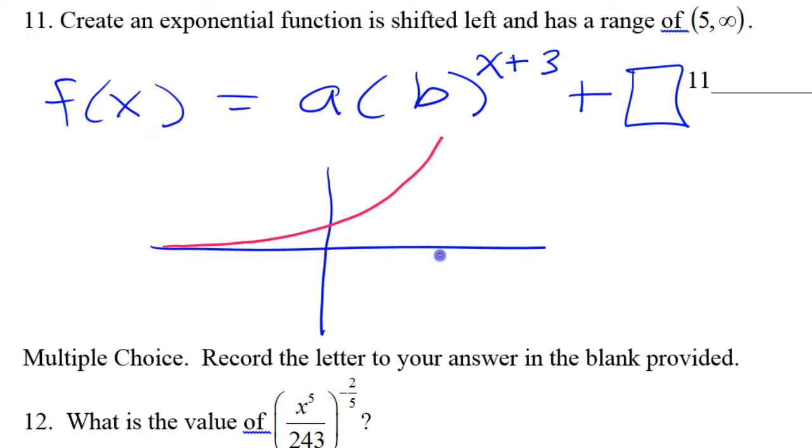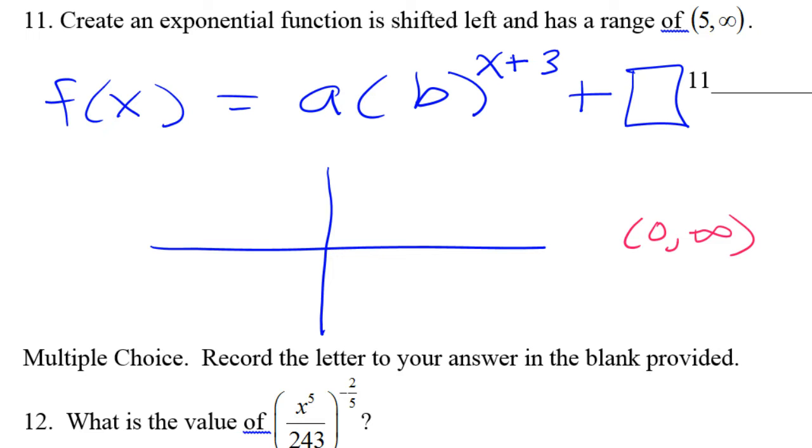Okay, so the range of the parent function would be from 0 to infinity. If I want the range to be from 5 to infinity, I need to take this graph and move it up 5.